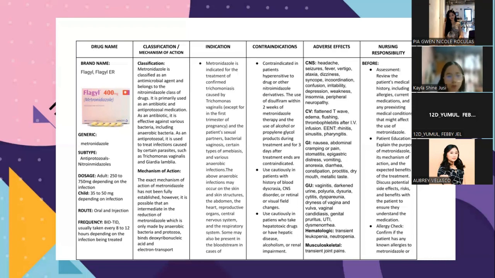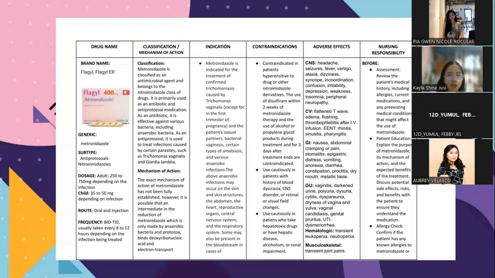It is important to note that the specific details of metronidazole's mechanism of action may vary depending on the particular microorganism being targeted. The drug's ability to selectively act on anaerobic bacteria and certain protozoa is attributed to their unique metabolic process and electron transport system.